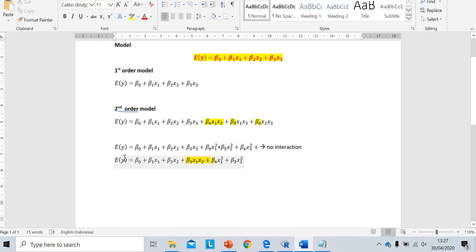If you want a complete second order model, then we need to consider this model.